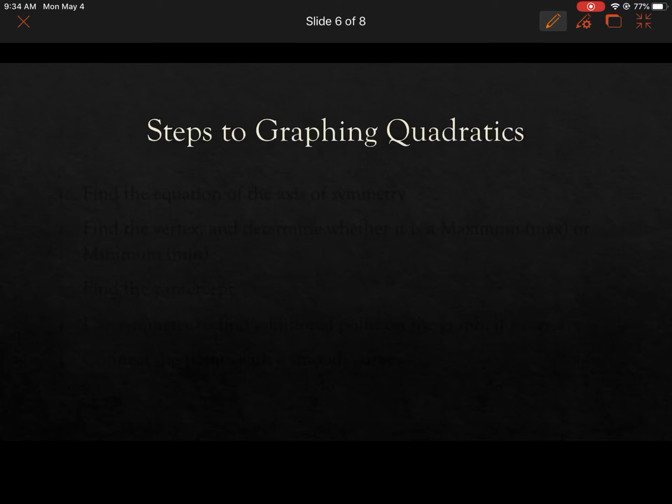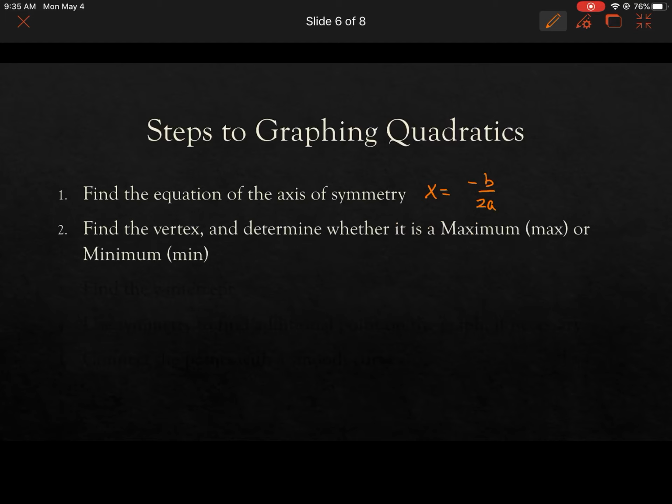All right, so let's talk about the steps, how you should approach graphing these with all this information. First thing you should do, if I give you a quadratic function, is calculate the axis of symmetry. Now remember, we're going to use that negative b over 2a value. That's going to give us the x for the next step, which is to figure out the vertex.